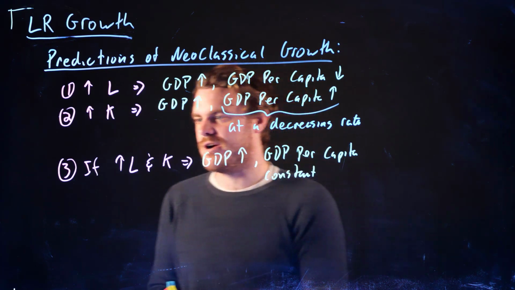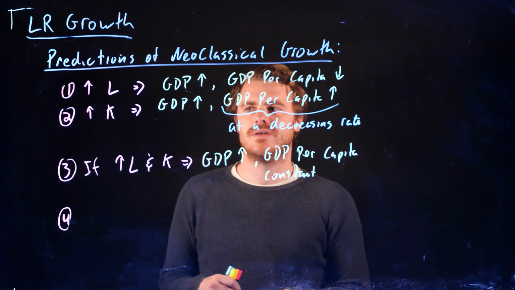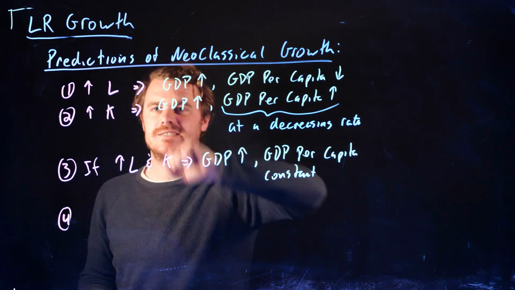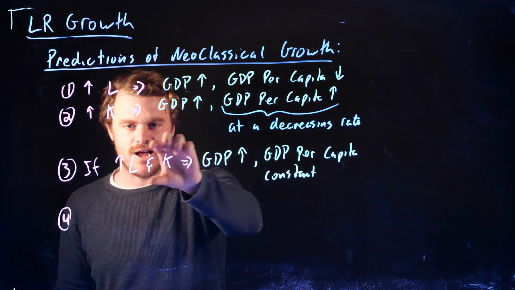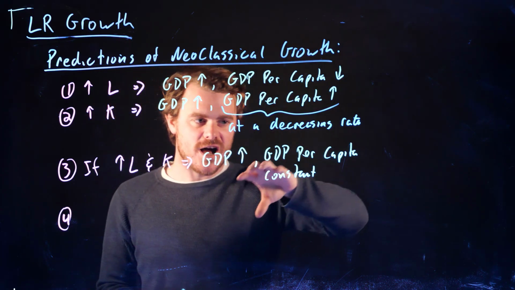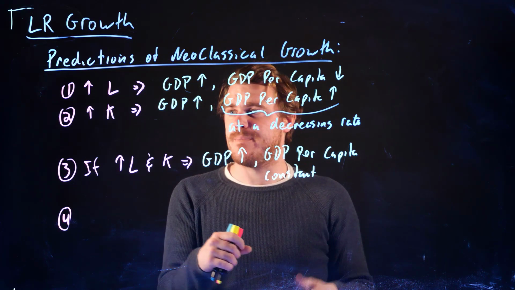So the key here to get sustained long-run growth, there's not many options, right? Increasing the labor force isn't going to do it. Increasing capital stock and the labor force, where capital can be human capital or physical capital, is not going to really increase GDP per capita.